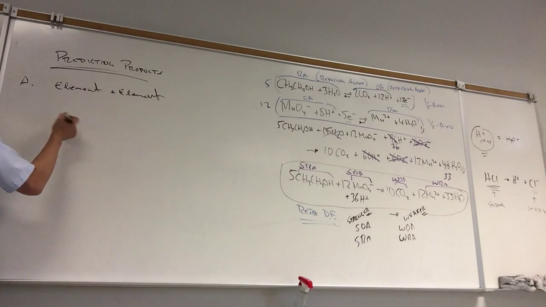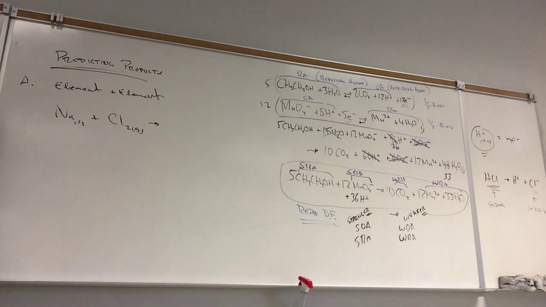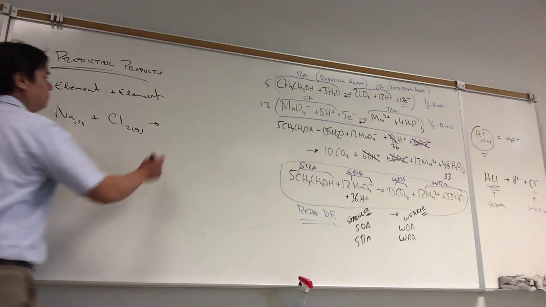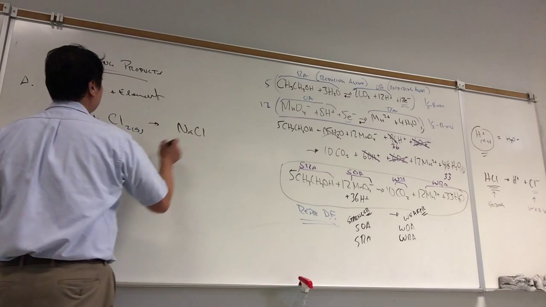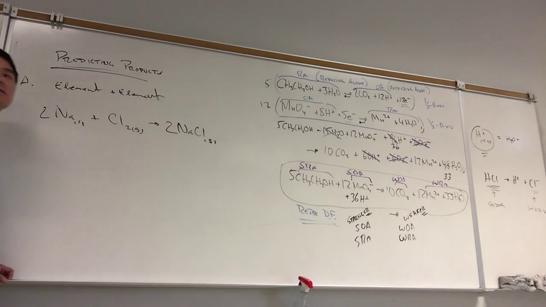So if I have, let's do, sodium solid plus chlorine gas, what do you predict will form there? NaCl. Exactly. And then we'll need 2 sodiums. Sodium chloride, NaCl solid.